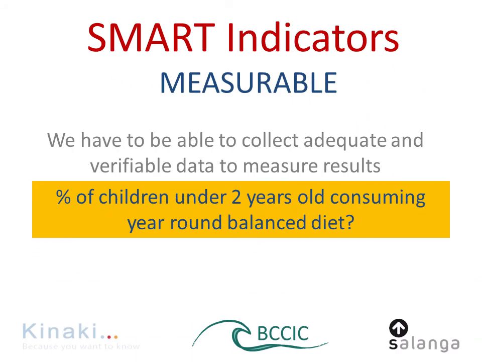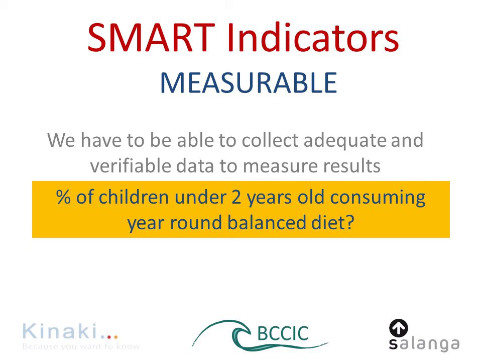Okay, so in the next step, let's look at measurable. We want to have all indicators set in a way that we are able to measure them. Now, we have an example here: percentage of children under 2 years old consuming year-round balanced diet.